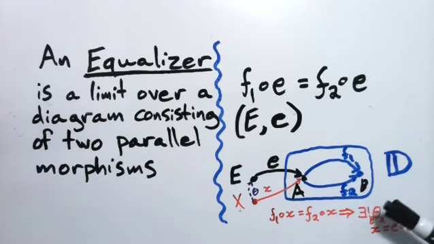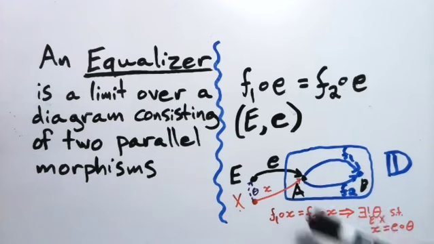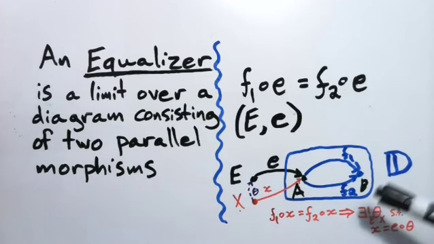So of course we need to have two objects A and B in our diagram D, and two parallel morphisms going between them. And if we have a limit over this diagram, then we call that an equalizer. Just like when we had a limit over a diagram with no morphisms and only objects and identities, we called that a product. So in this case, with the two parallel morphisms, we call it an equalizer.